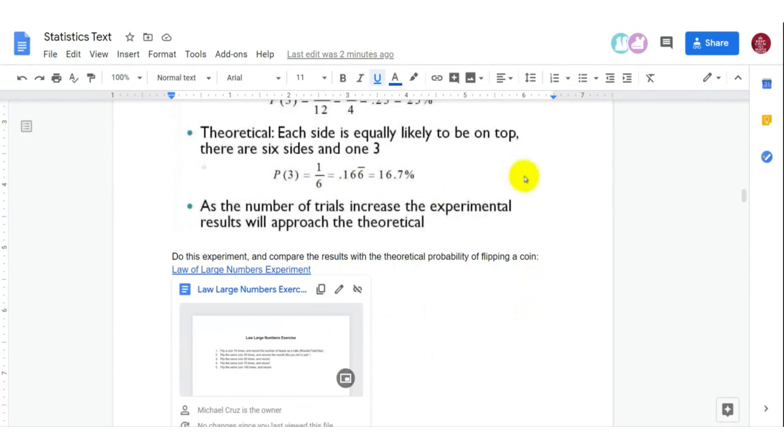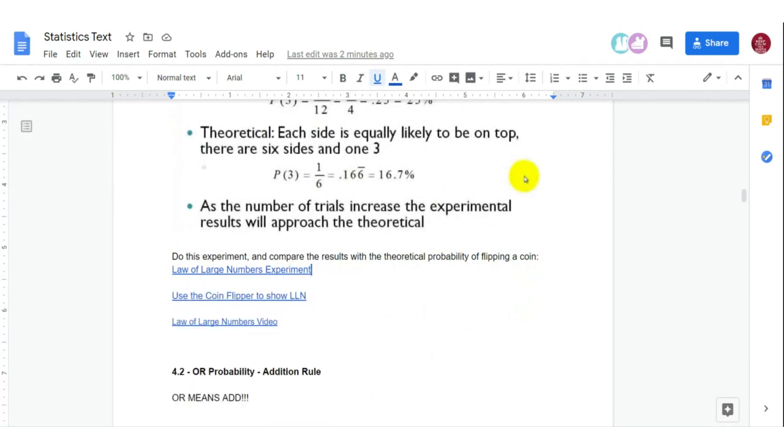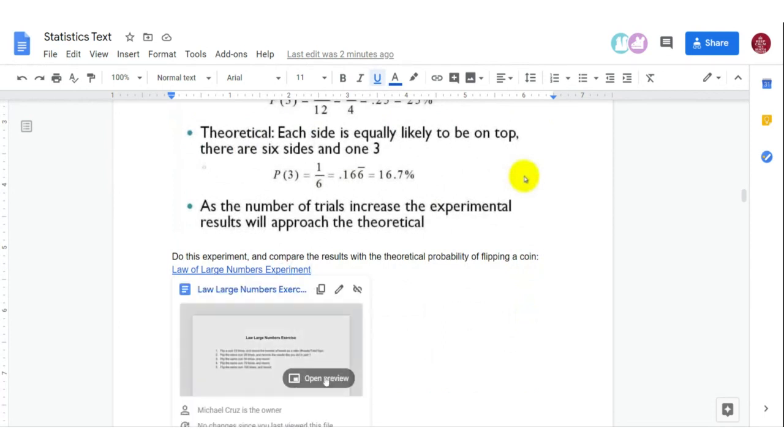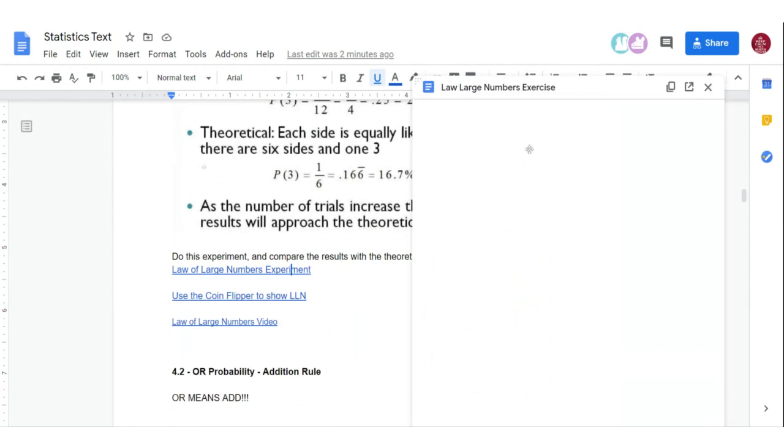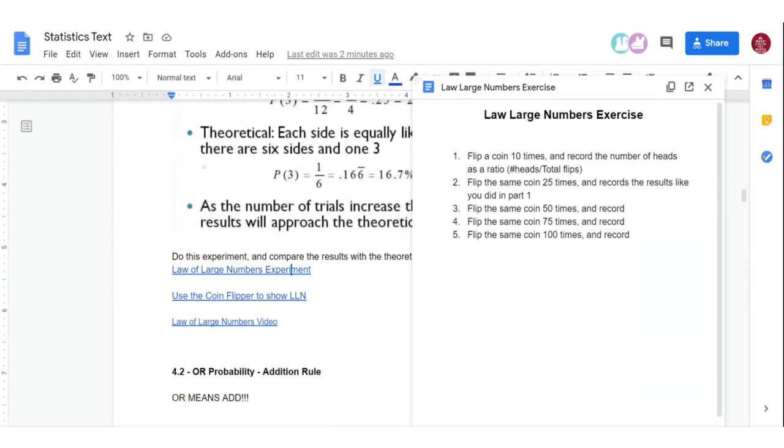So I've got a little experiment here, and you can do it. We're going to try to do it with this coin flipper that I got online. We're asked to flip a coin 10 times and record the number of heads as a ratio over total flips, and then do it 25 times.